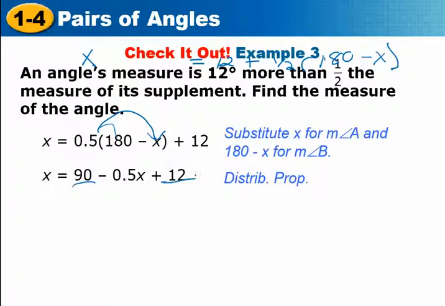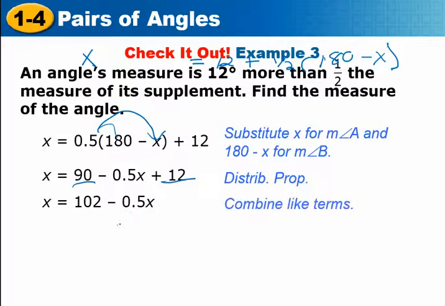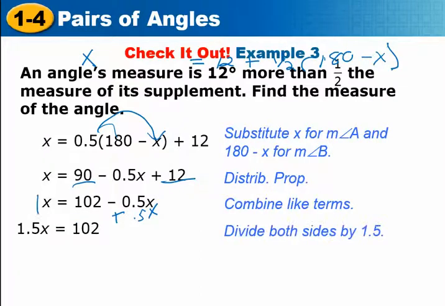And we'll combine our like terms and get x equals 102 minus 0.5x. And then we need to add 0.5x to both sides. So we have 1 plus 0.5 is 1.5x equals 102. And then we'll divide by 1.5. So x is equal to 68.